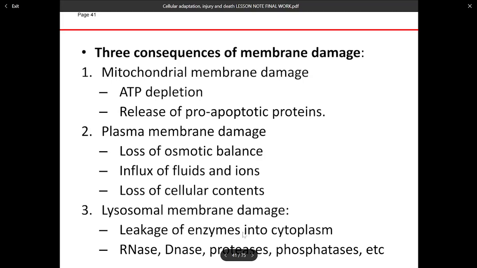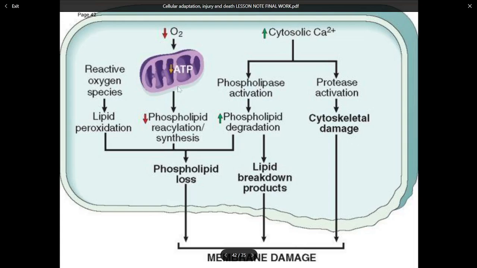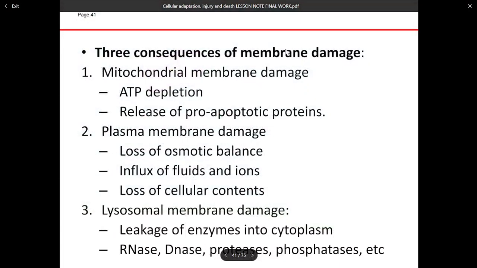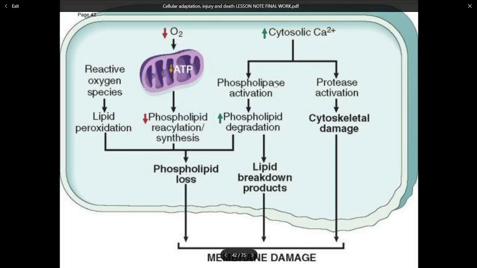There will be leakage of enzymes into the cytoplasm, which can result in autophagy, if you remember. Then there are ribosomal RNAs, DNAs, proteases, and phosphatases. So this is also a diagrammatic representation of the consequences of membrane damage.